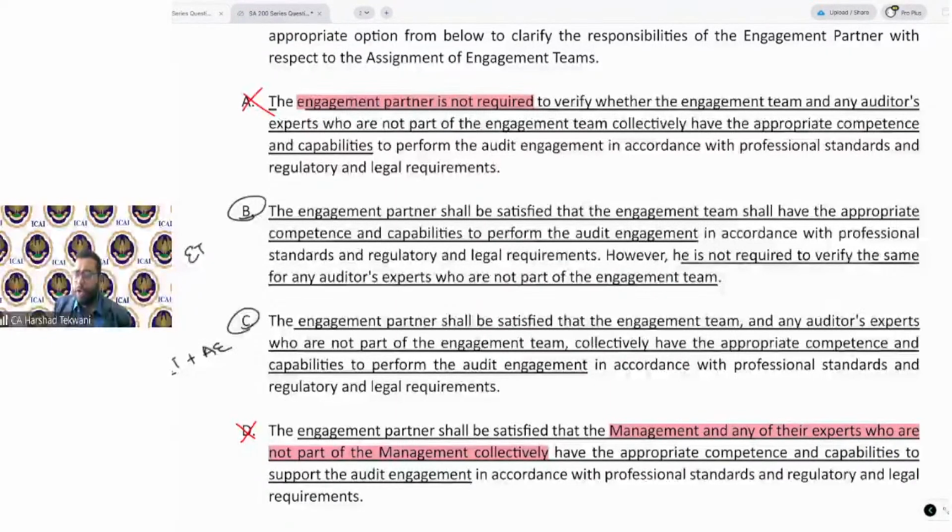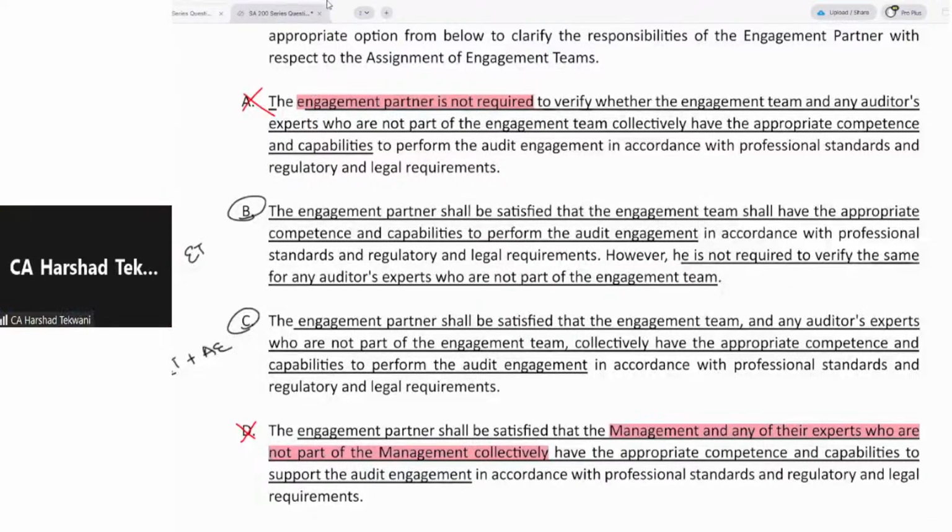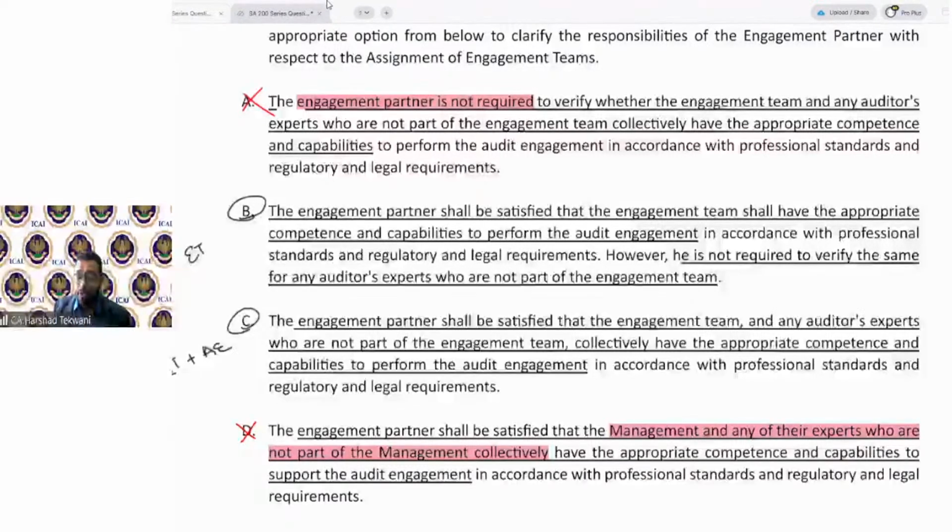Am I required to look into the competency of auditor's expert? Okay, good, Shriram.